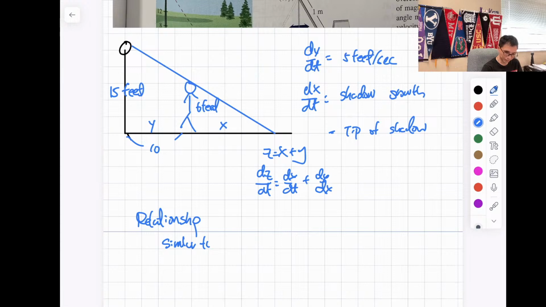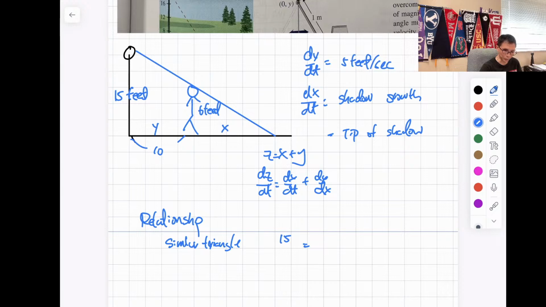It would be 15 over z equals 6 over x. Okay, that's fine. Equal to 6 over x, 15 over z. Like that is fine.